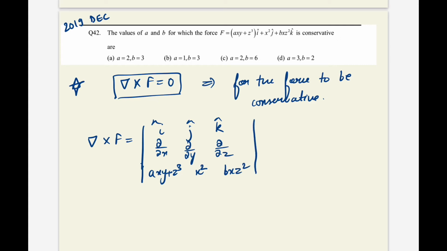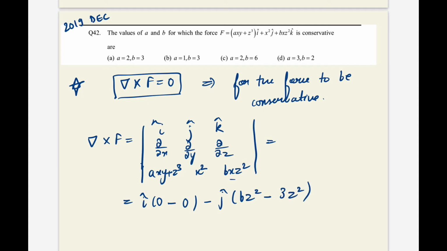This will become: i times del by del y of bxz square, which is 0, minus del by del z of x square, which is 0; minus j cap times del by del x of bxz square, which is bz square, minus del by del z of axy plus z cube, which is 3z square.